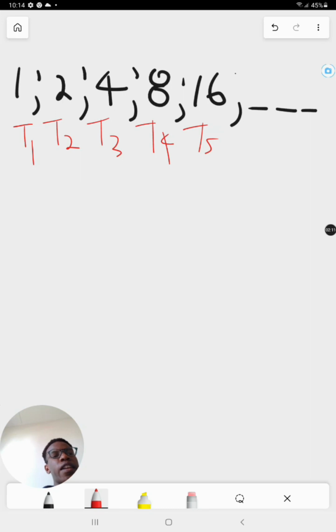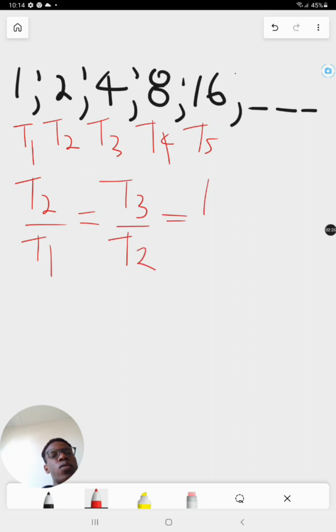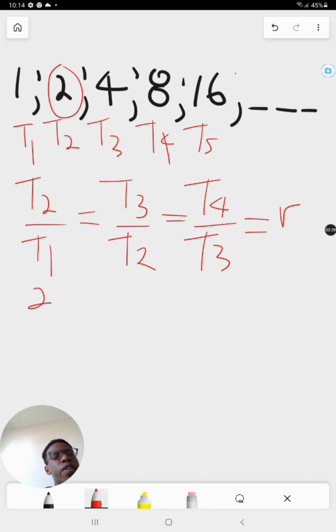We know that the ratio R is equal to T2 over T1, which is equal to T3 over T2, which is equal to T4 over T3, etc. It all has to be equal, so all of these should give you the same value for R. For instance, T2 over T1: T2 is 2 and T1 is 1, so 2 divided by 1 is 2.